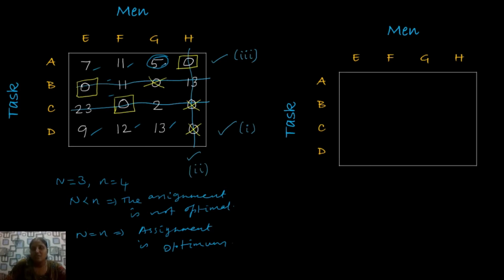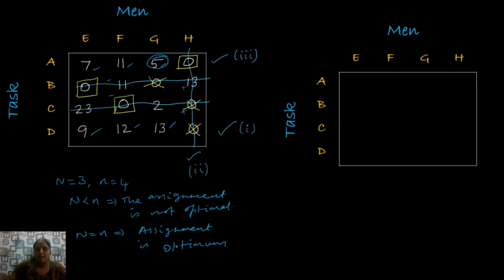Next, you have to subtract this minimum element from all uncovered elements. That is, subtract 5 from 7, 11, 5, 9, 12, 13, and add it at the point of intersection of the straight lines. These two are the points of intersection of the two straight lines.